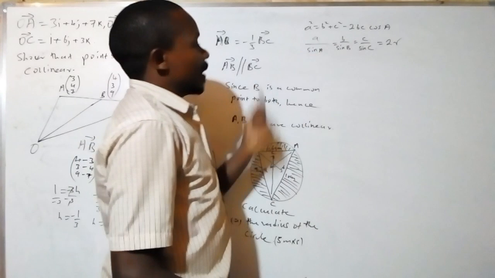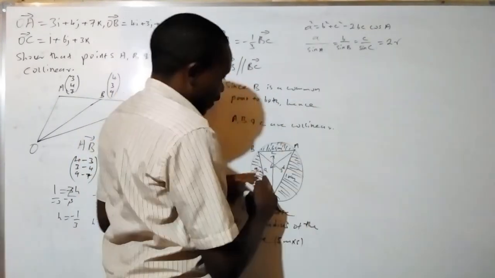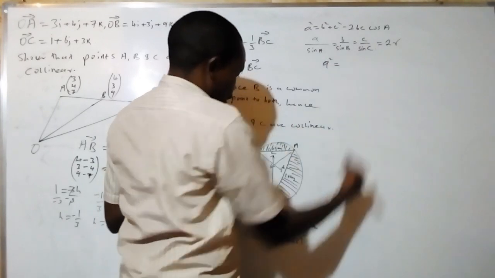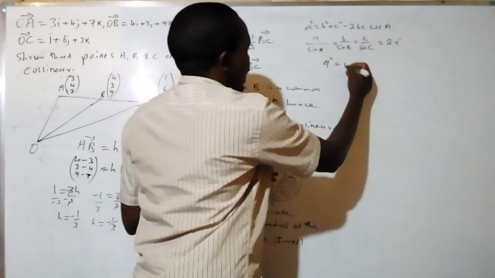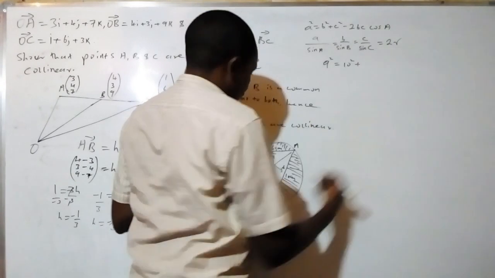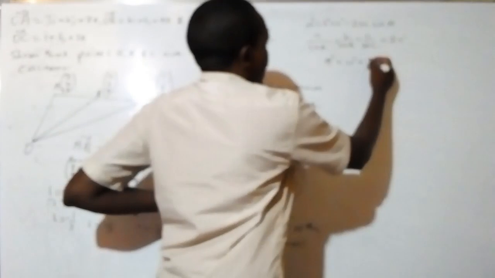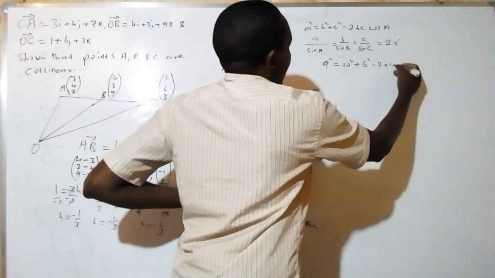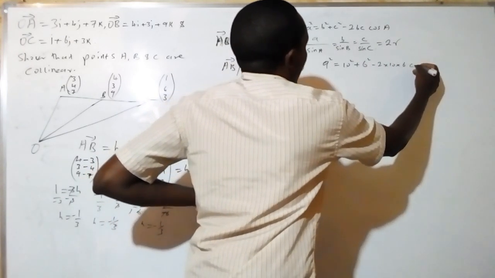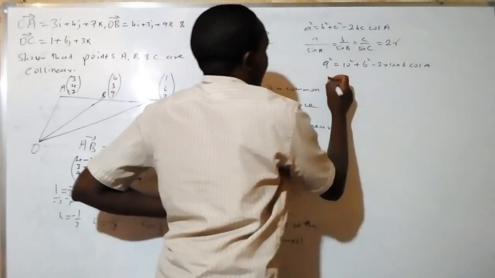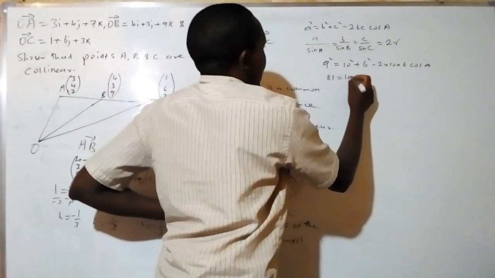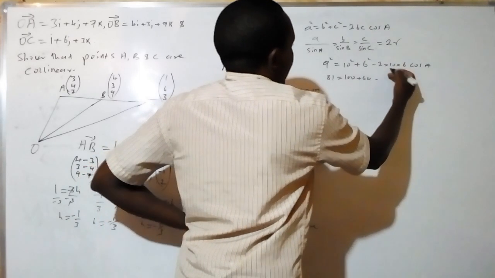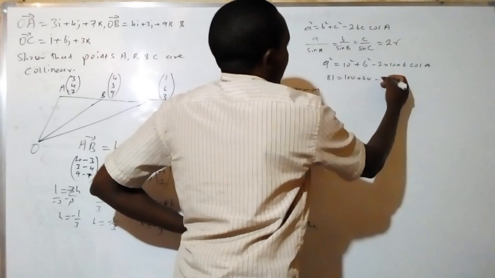What is our value of a? 9 squared. b is 10 squared, plus c is 6 squared, minus 2 times 10 times 6 cos A, which is unknown. 9 squared is 81, 10 squared is 100 plus 64, minus 2 times 10 times 6, which is 120 cos A.